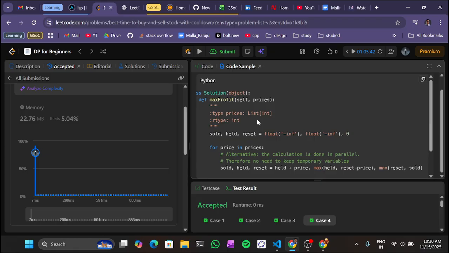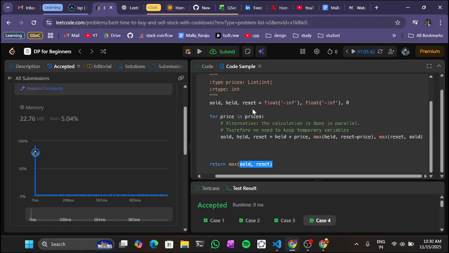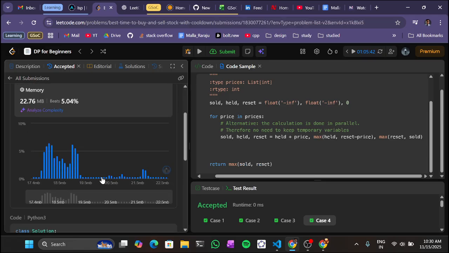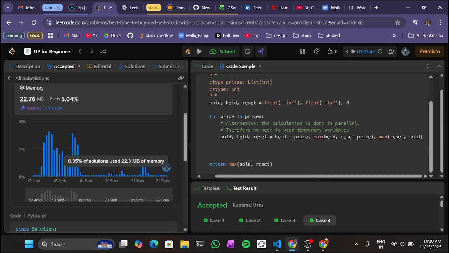Well, let's try to break this down properly. These are not properly defined.